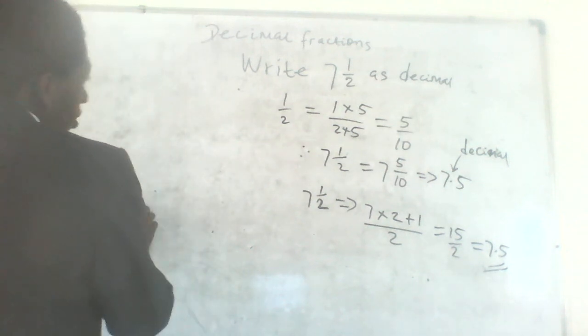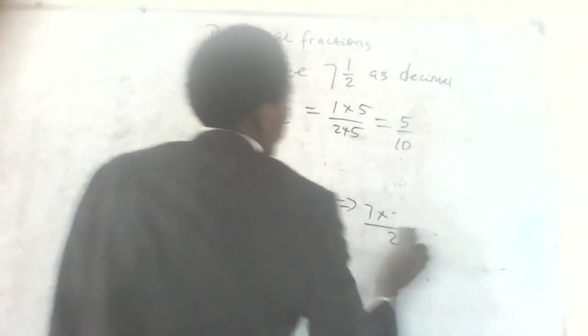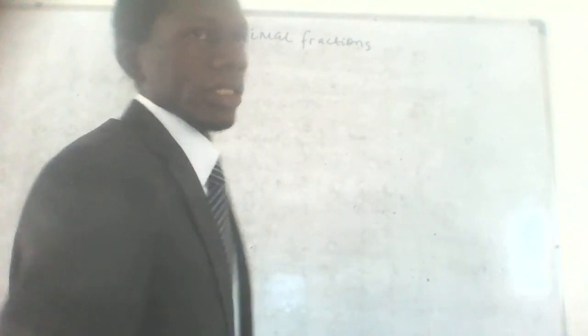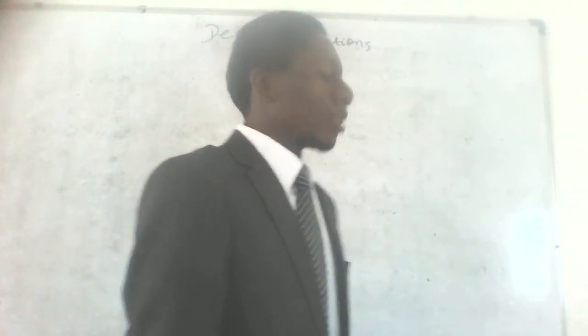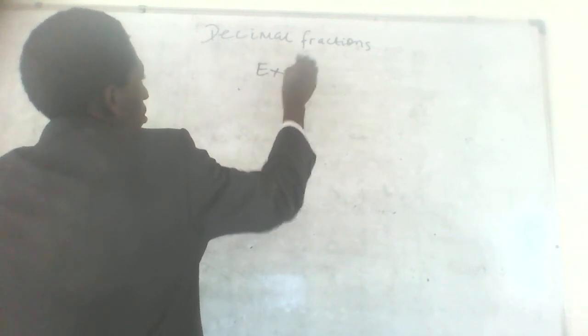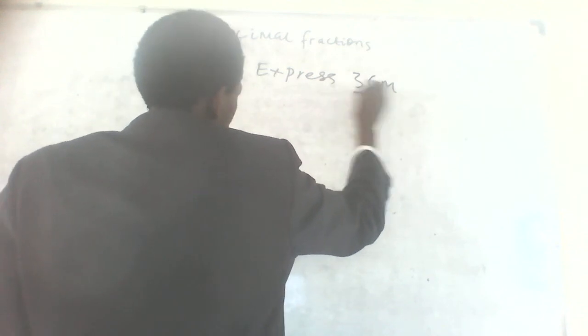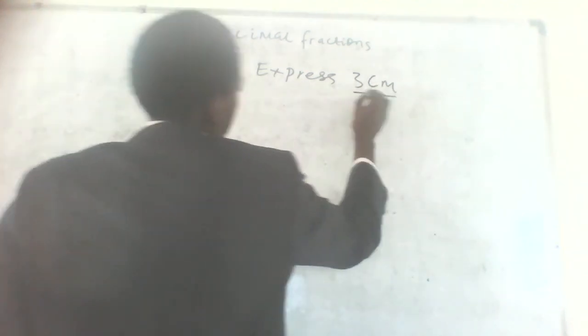Okay, so let's look at another problem. This one, there was a confusion because we didn't give complete unit. I think numerator has unit, but denominator didn't have a unit. So let's see. They say that you should express 3 centimeter over 25.